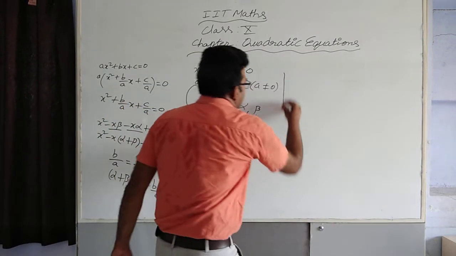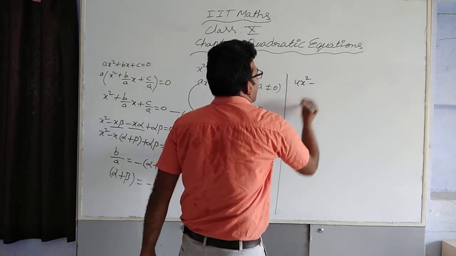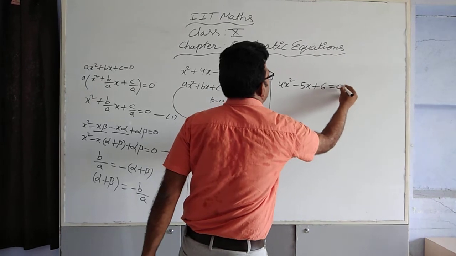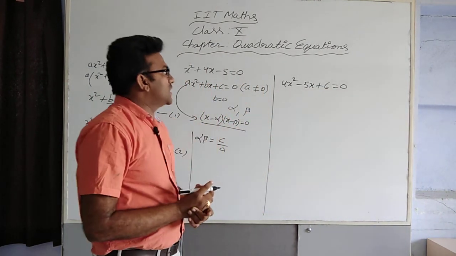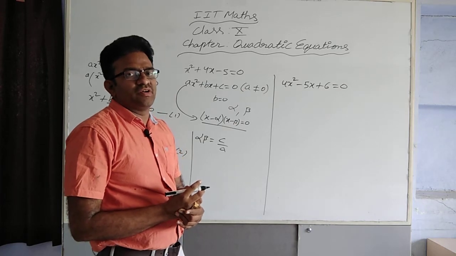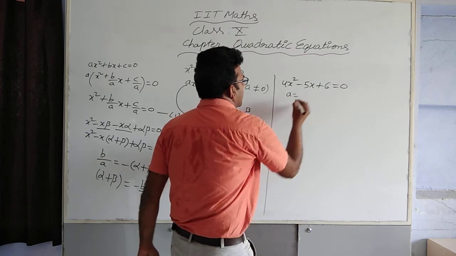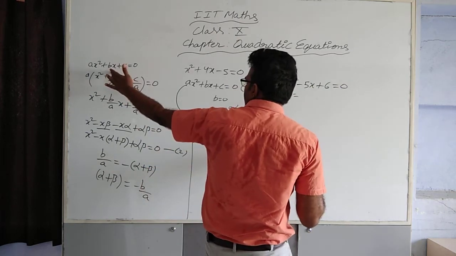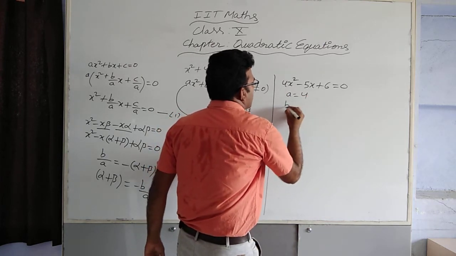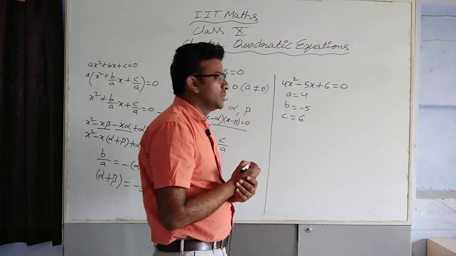We are going to see one example: 4x square minus 5x plus 6 equal to 0. This is a quadratic equation. Find the sum of the roots. First we compare this with ax square plus bx plus c. Then a equal to 4, b equal to minus 5, c equal to 6.